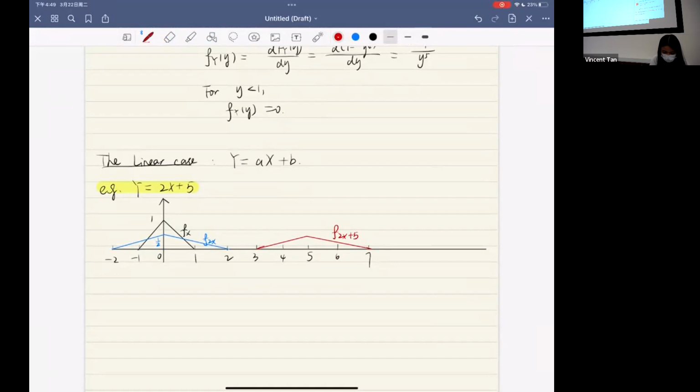When we multiply x by 2, the PDF just expands 2 times. And then when we add a constant number, it just moves from this point by the constant number to that place.